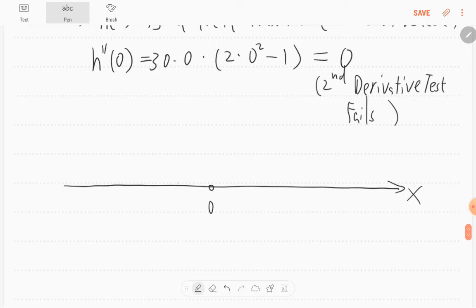0 here, -1, and 1 here. And these divide our interval into 4 parts. Here we can see this one is h prime. So we want to use the first derivative test.